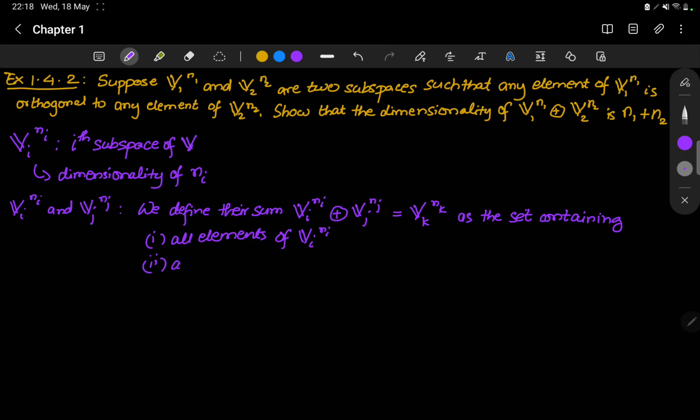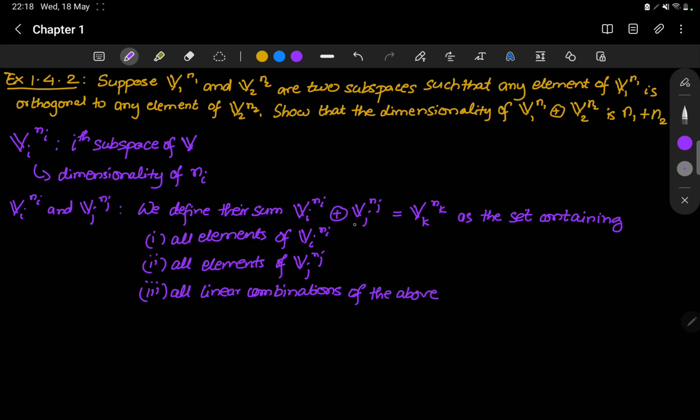Next, it should contain all elements of Vj Nj, and it should contain all linear combinations of the above.